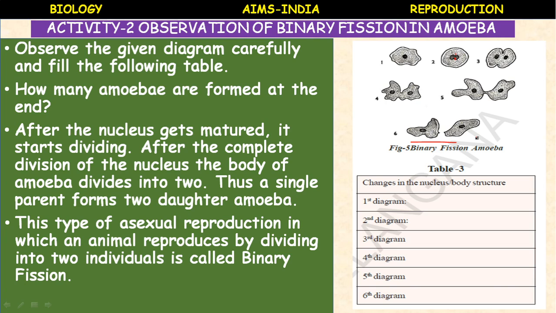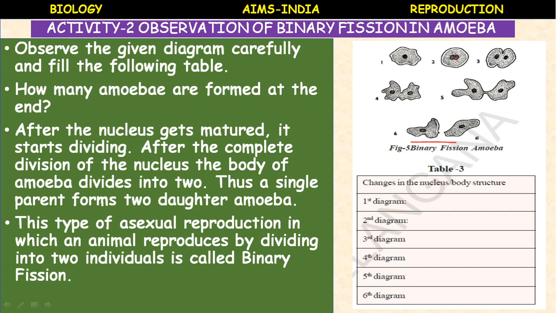In microscopic organisms like amoeba, which you already studied in your lower class, the single cell begins the process of reproduction by the division of its nucleus into two nuclei. This is followed by the division of its body into two, each part receiving a nucleus. Finally, two amoebae are produced from one parent amoeba.